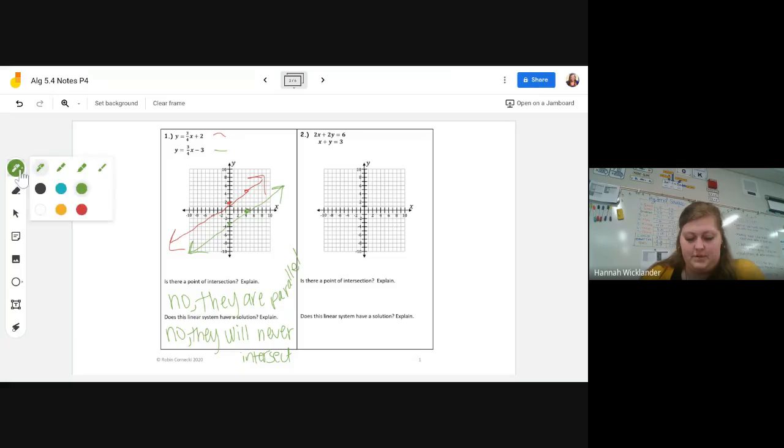Okay, now I'm going to do the second one. And I'm going to rewrite this equation, 2x plus 2y equals 6 minus 2x.